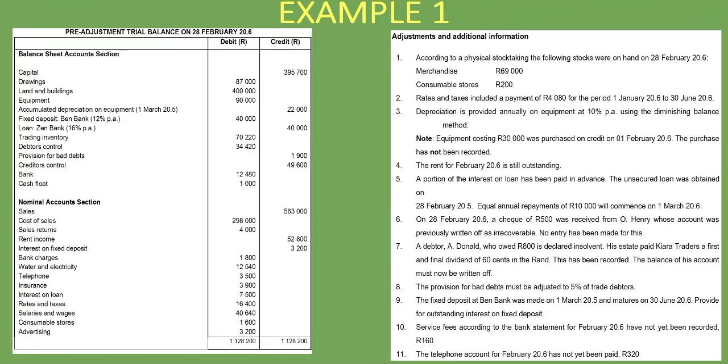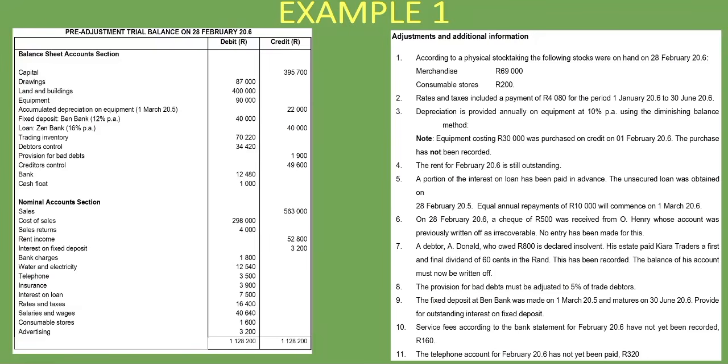Now, the first one says, according to a physical stock taking, the following stocks were on hand on 28 February 2016. We've got merchandise, 69,000 Rand, and you've got consumable stores, 200 Rand. Now, when you're given information such as this one here, you look back at your pre-adjustment trial balance. Now, you'll also have your trading inventory amount, 70,220 Rand, on the debit side of the pre-adjustment trial balance.